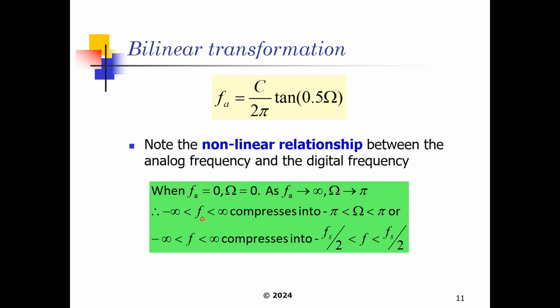If you like, you could put fa between omega equal minus pi, or as we drew in a little diagram before, minus Fs over 2 to plus Fs over 2. So it's a very nonlinear relationship. And that nonlinear relationship, of course, is because of tan. Tan is a highly nonlinear function. You remember how the tan curve looks, right? It behaves well until you start to approach 0 and 90, and it goes to infinity and so on.